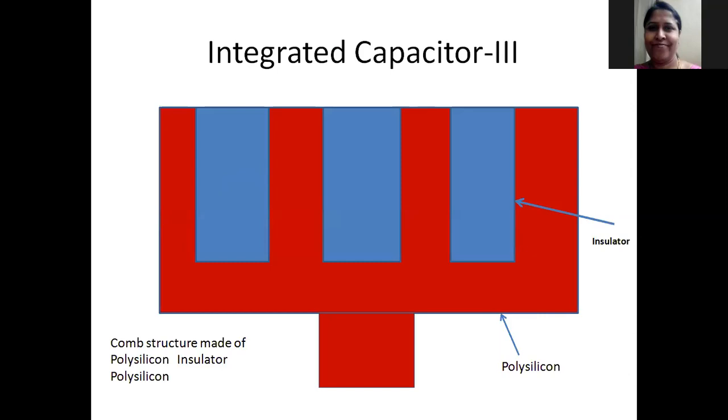Here the two plates are formed by polysilicon and the insulator is either silicon nitride or SiO2 layer. We can get a high value of capacitance using this type of polysilicon-insulator-polysilicon capacitor. We may also construct in a similar way a metal-oxide-metal integrated capacitor.